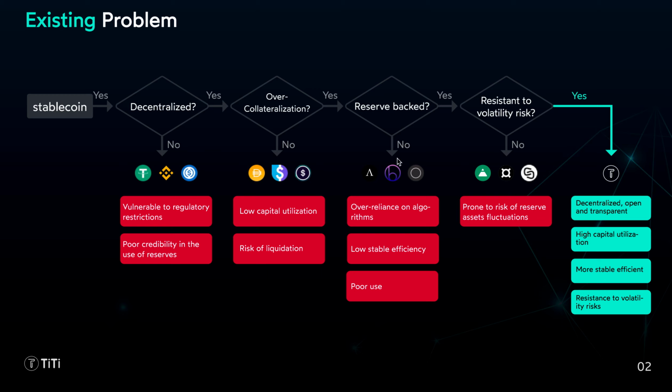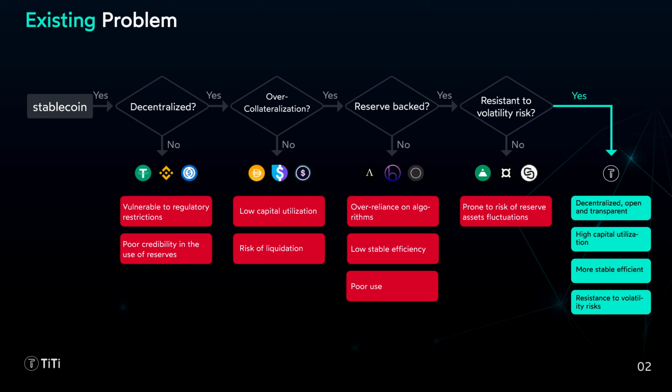In lane 3, we can see what has been called the unreserved elastic supply algorithm stablecoin, including Ampleforth and Basis USD. These projects achieved good exposure due to a Ponzi structure in a short time last year, but in fact the results are not very good.